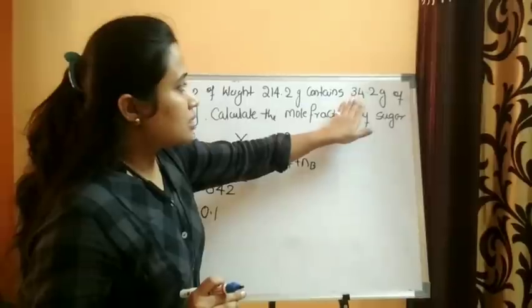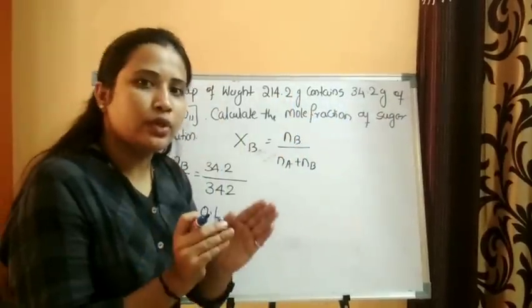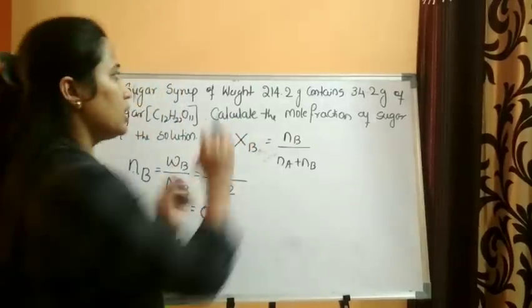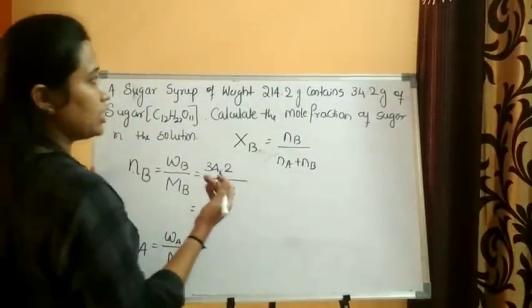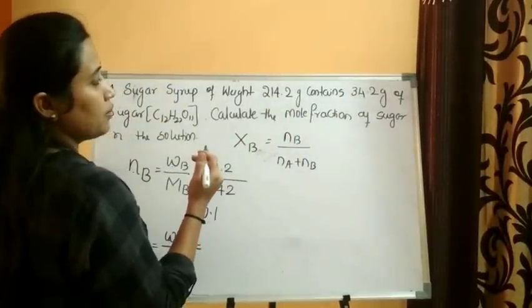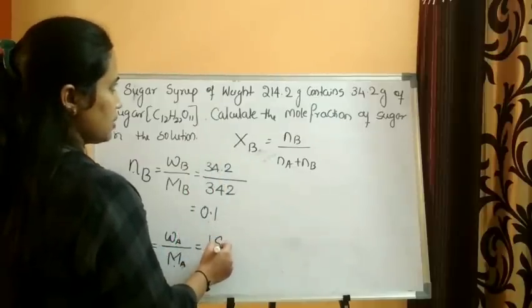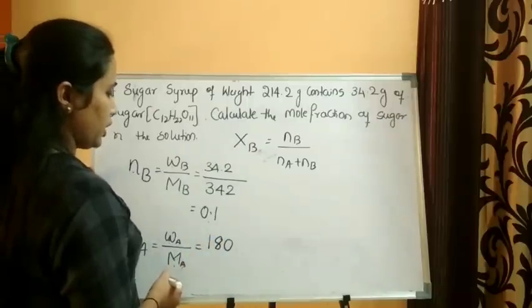If I subtract 34.2 from the total weight of the solution, I will get the exact weight of the solvent. So 214.2 minus 34.2 gives 180.